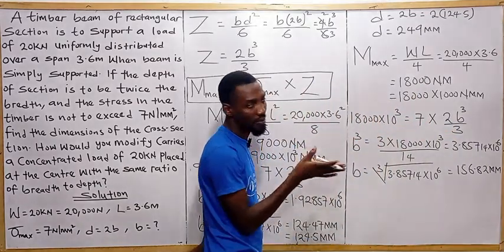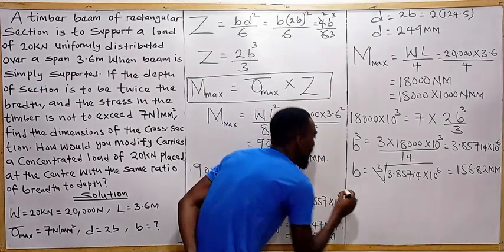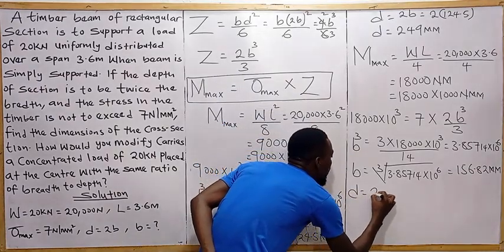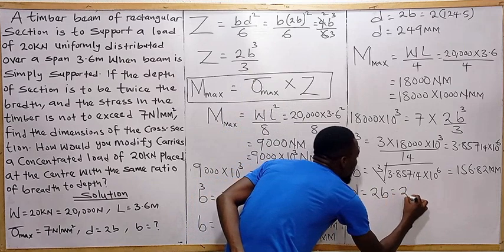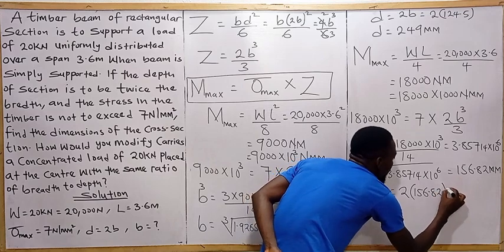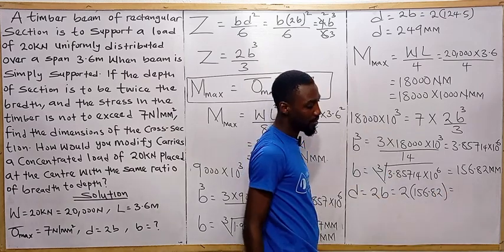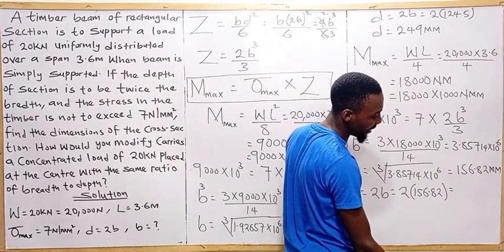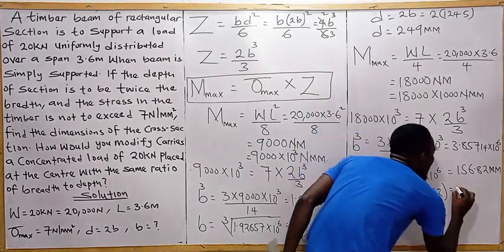So here we can therefore find our depth. Our depth is equal to 2B, which is 2 into 156.82. If you multiply this by 2, you are going to have 313.64.